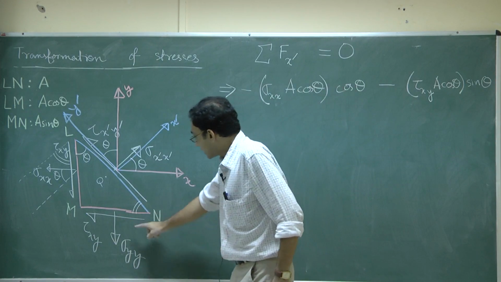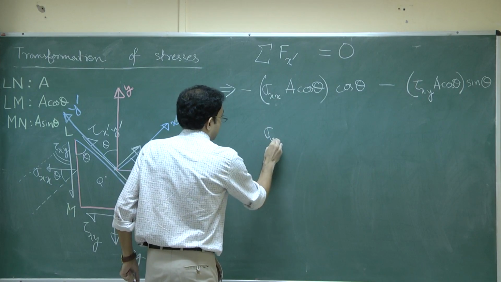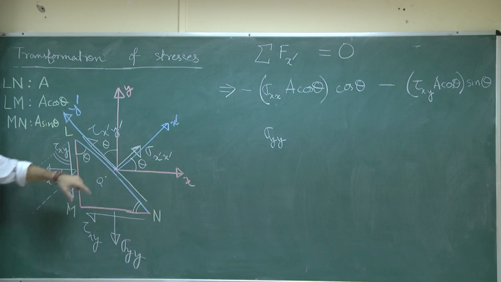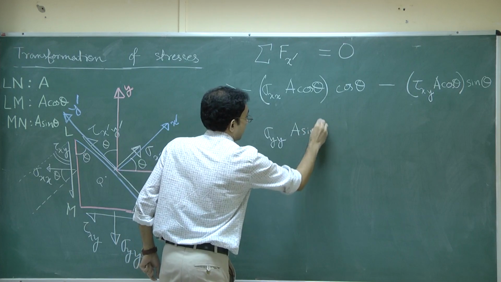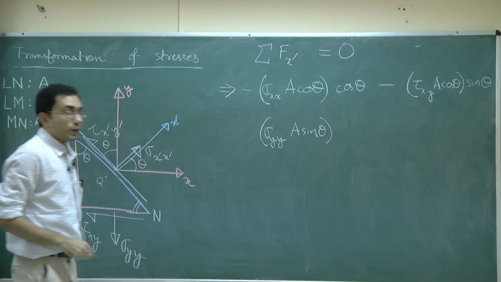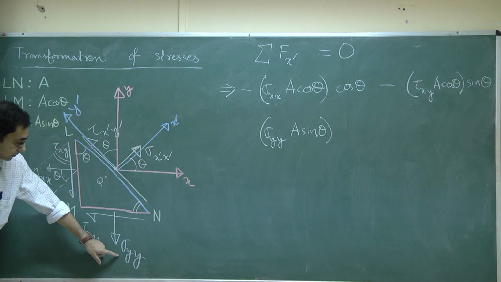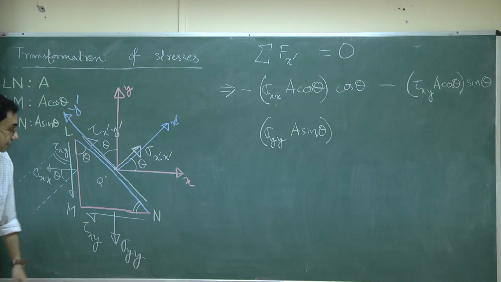First of all, we will consider the force contributed by this sigma yy. That has to be multiplied by the proper area. Mn, you note here, is given by a sin theta. So, we write that down. Next, we have to again take the component of the force contributed by this downward pointing stress component parallel to the x dash direction.